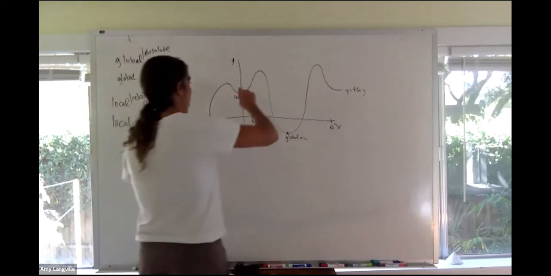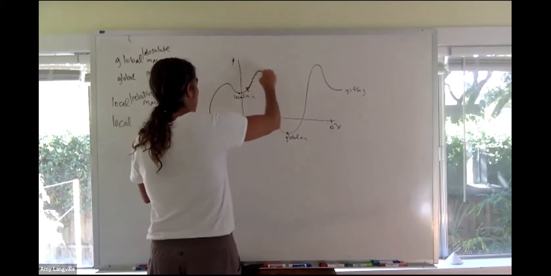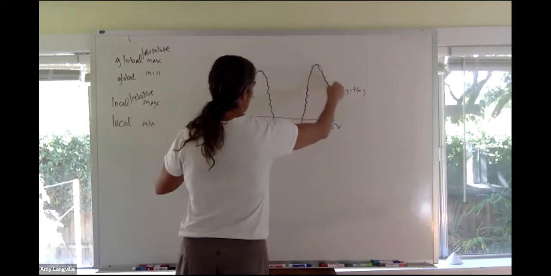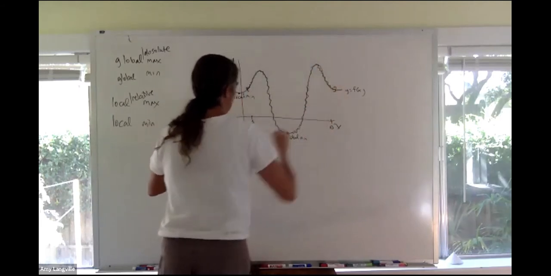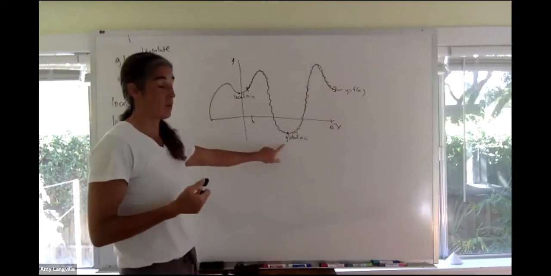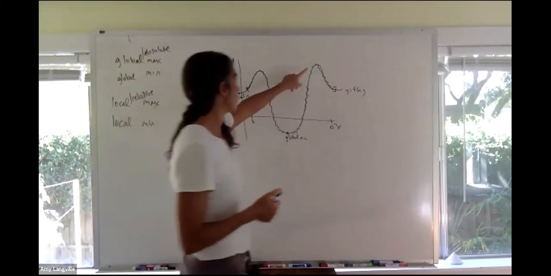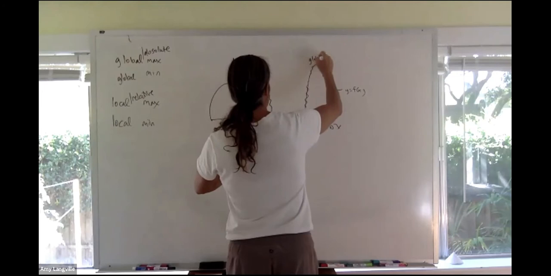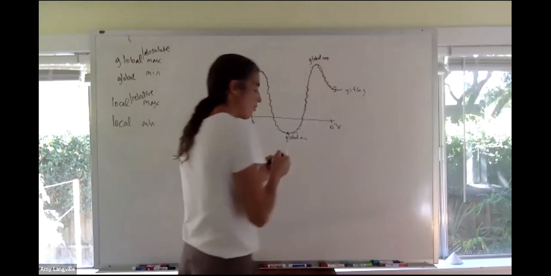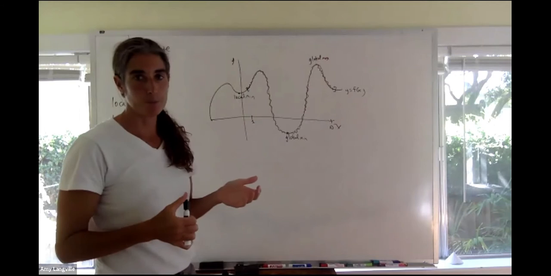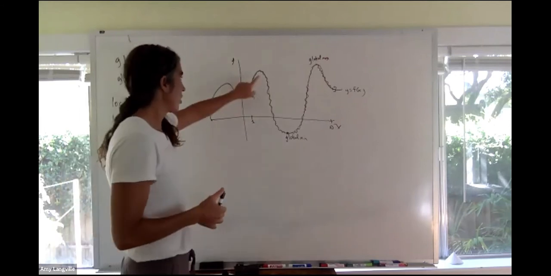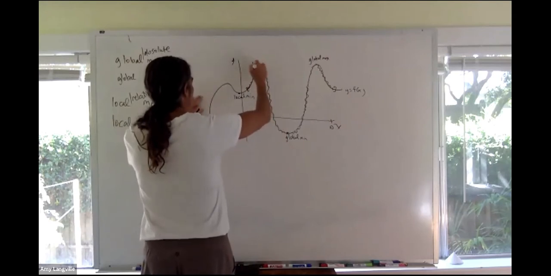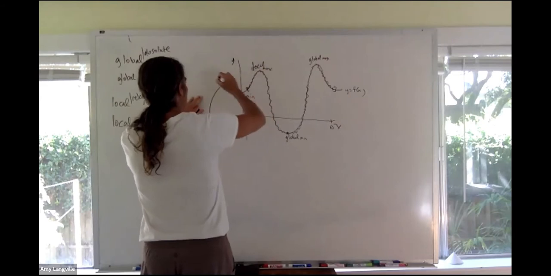On this section of the graph, when x goes from 1 all the way up to x equals 10, the global min is the same one that we already found. And the global max, it looks like it's just barely a little bit bigger over here than it is over there. So we have a global max. So again, they'll give you a region over which to find global extrema. And then local extrema are these sort of suboptimal. Sorry, that's a local max. And another local max.